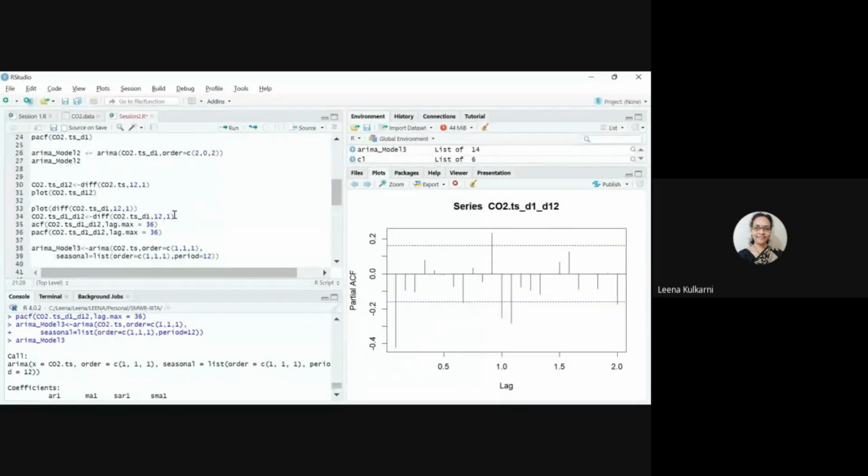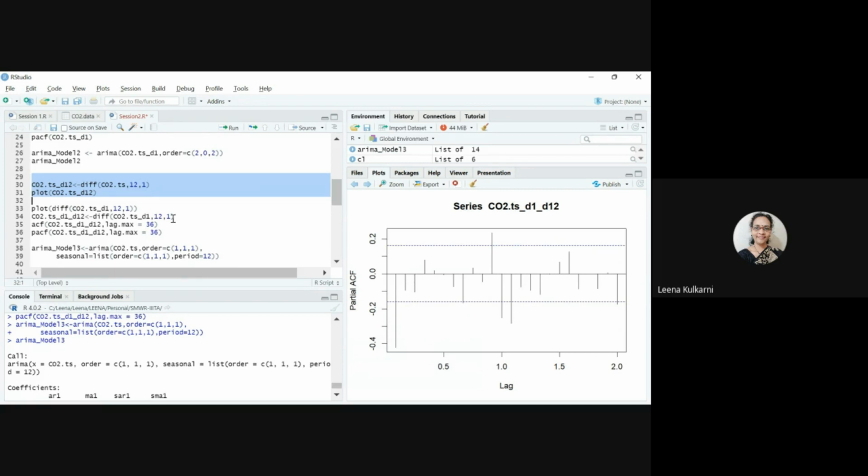Okay, you can try different models. So 12 comma 1 is seasonal differencing of first order. 12 comma 2 is seasonal differencing of second order. 1 comma 1 is non-seasonal differencing of first order. 1 comma 2 is non-seasonal differencing of second order.